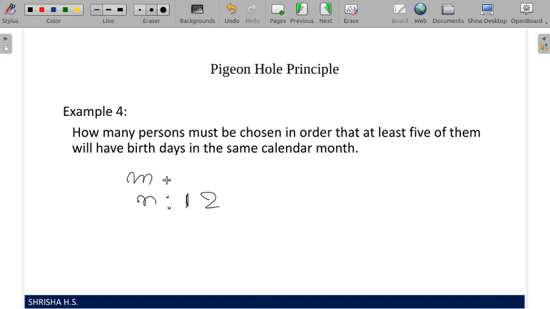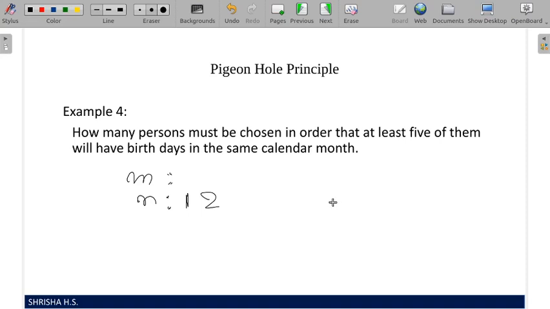We don't know how many persons or how many birthdays there are. One person has one birthday, so we can take it like that. They are asking exactly this: how many pigeons are required such that in one pigeon's nest there are at least five of them.